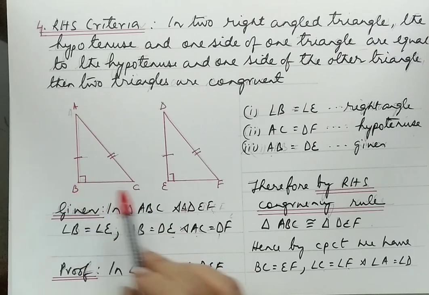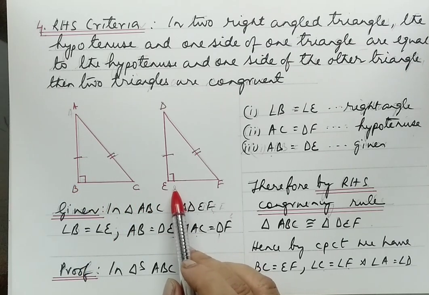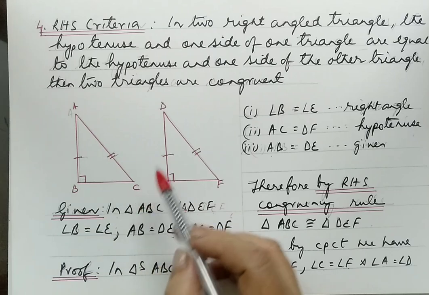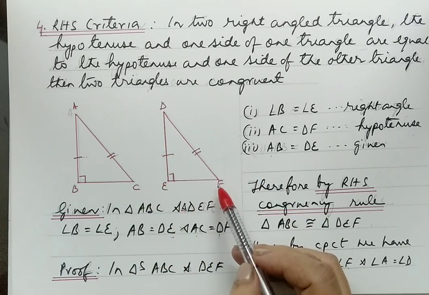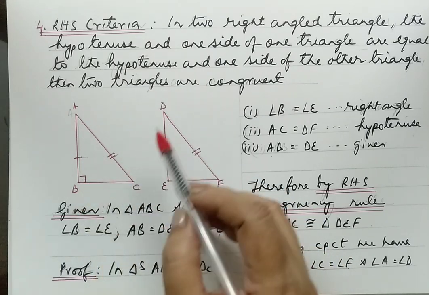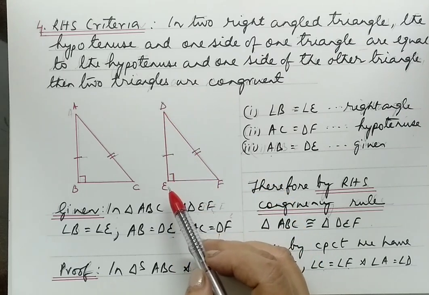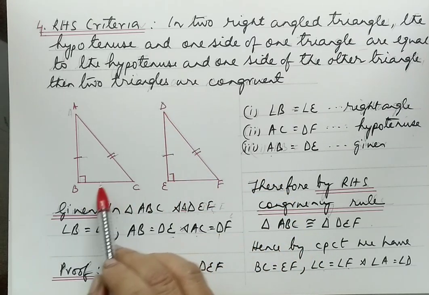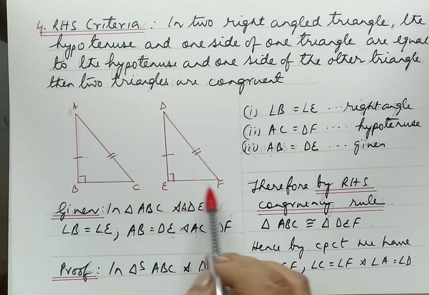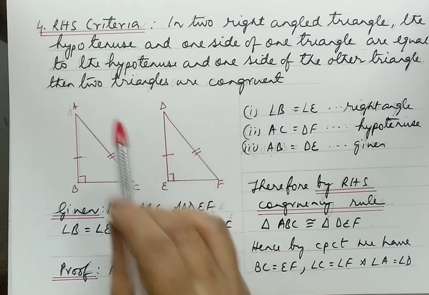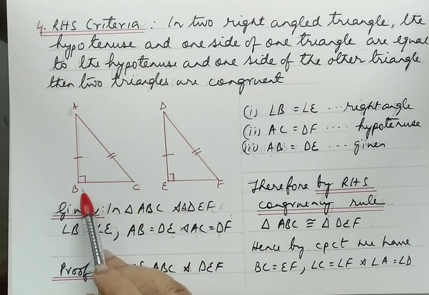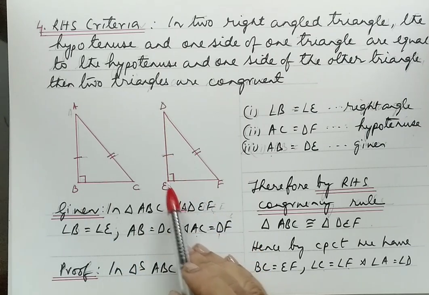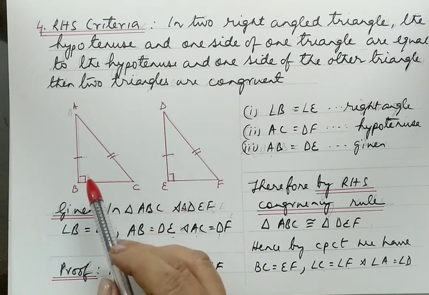In ABC, angle B is equal to angle E, and AC is equal to DF, the hypotenuse, and AB equals DE. We could have taken this side also to be eligible for this, but since they have given AB equals DE, we cannot reject that.